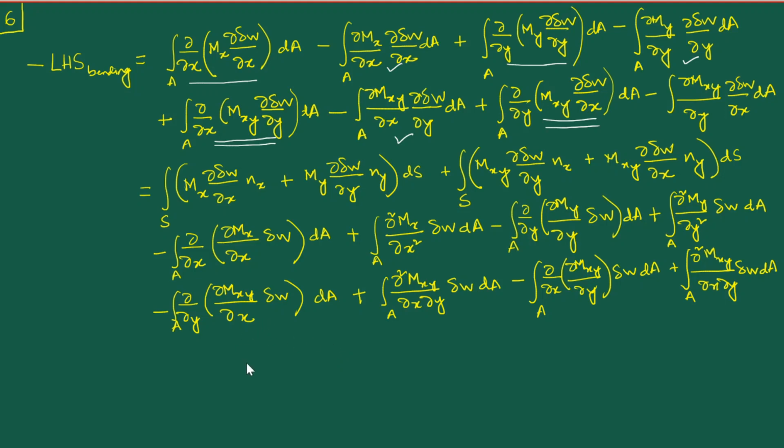Okay, because in the next step, this first term here and this second term here are not going to change. So whatever we have already obtained in the form of line integrals is going to remain as it is. These terms involving the area integrations, we wish to combine them in a fashion such that they will be amenable for the use of the Green's theorem.